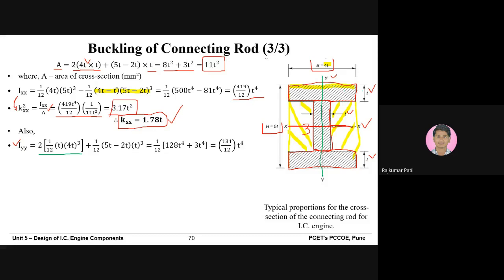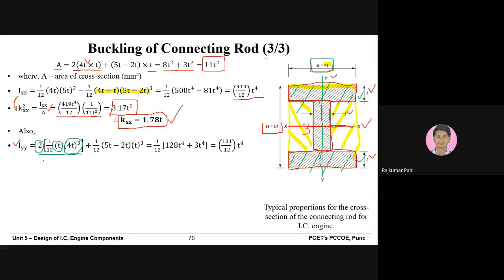So this upper wave and lower wave, so there are two waves, so it will become 2 times. So here you can see 2 times 1 by 12. t is the thickness of that wave, which is the same for the above wave and lower wave, into 4t cube. So the width is 4t.